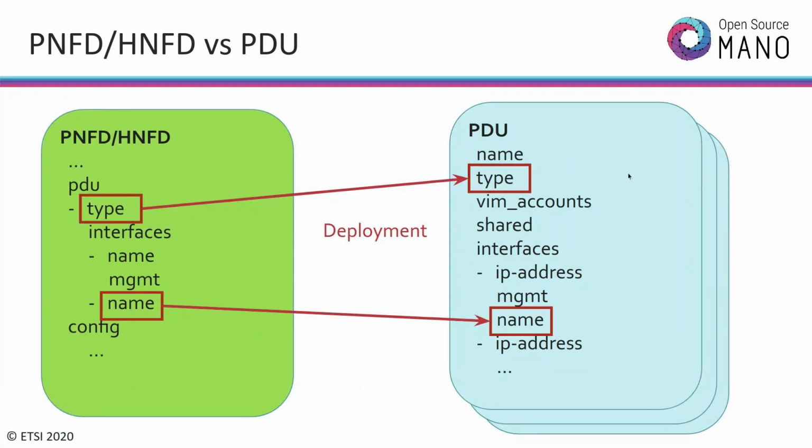So it would consume one of these PDUs that you defined in your system. So it's an additional step, just creating the PDUs so that the system, OSM, is aware of a logical instance of the physical appliance that I can use when instantiating my PNF.